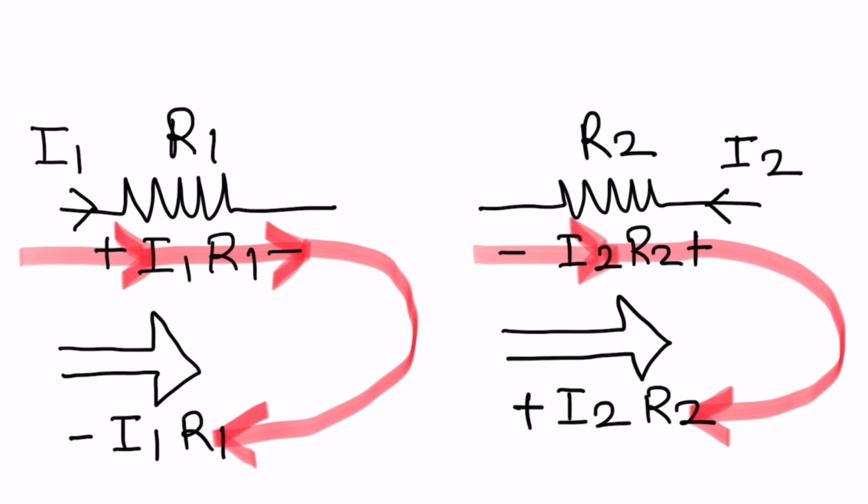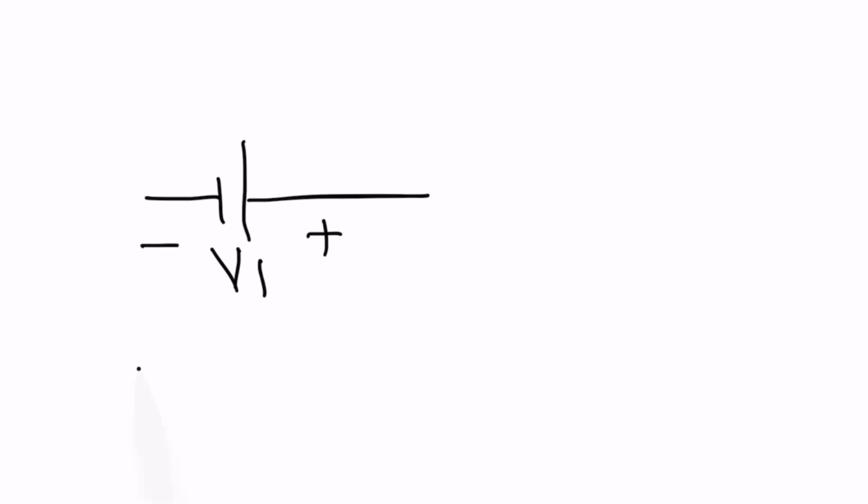Let us see about the voltage sources now. V1 is a voltage source connected with the polarity shown in the figure. If you are moving in this direction, then you are moving from minus sign to plus sign. It means that there is a gain in potential. So this will be represented as plus V1.